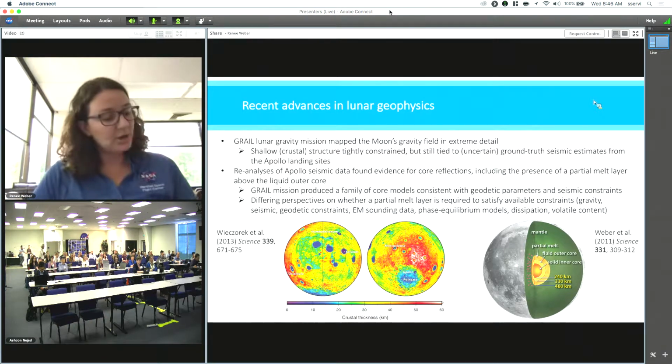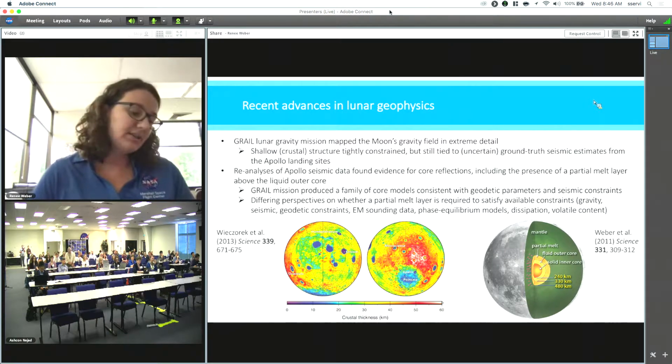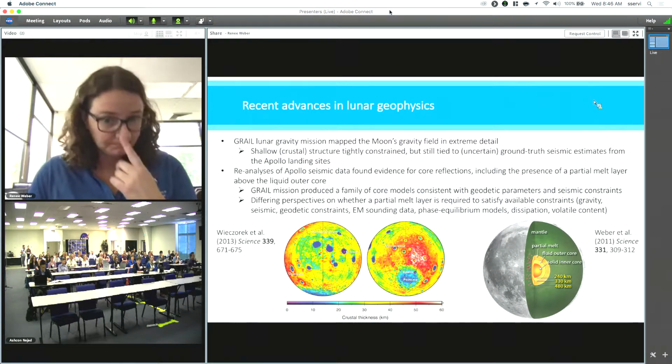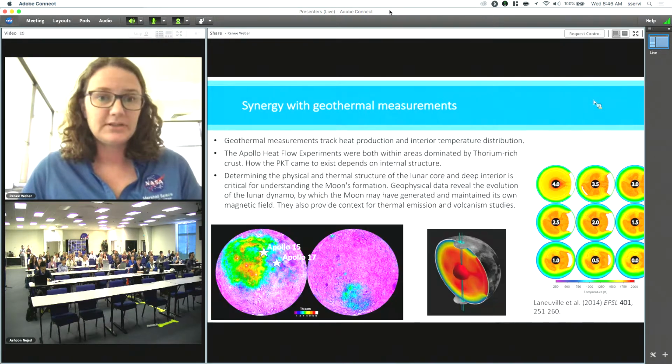Other arguments against a partial melt layer focus on the distribution of water in the lunar interior and the resulting effects that it would have on the electrical conductivity and tidal dissipation. So that's sort of a remaining question mark that we have about the deep interior.